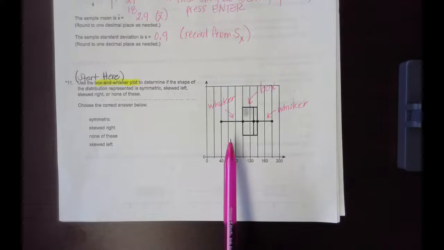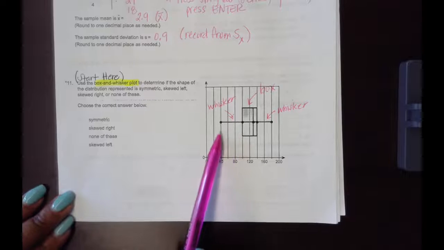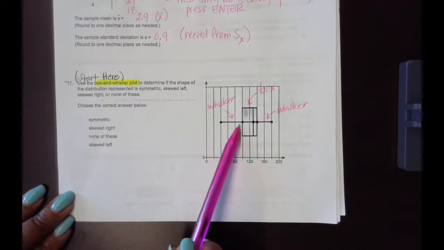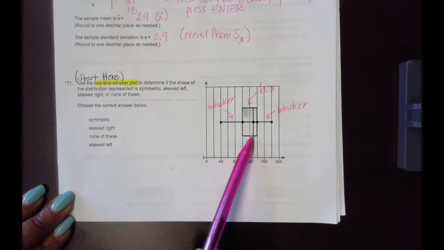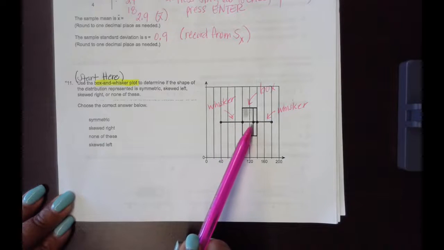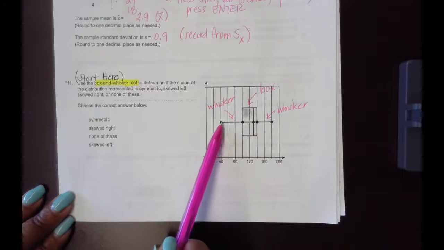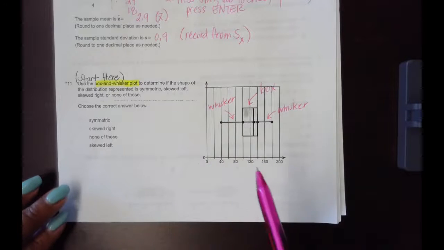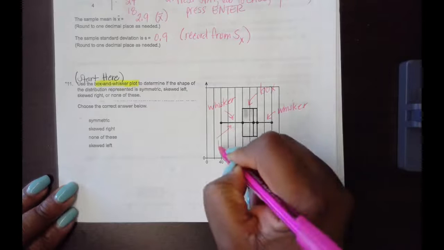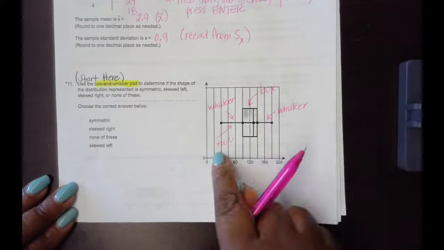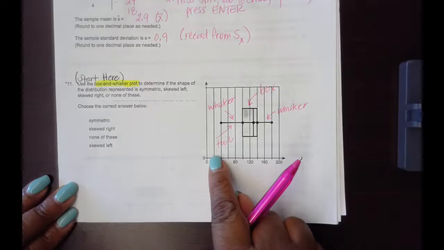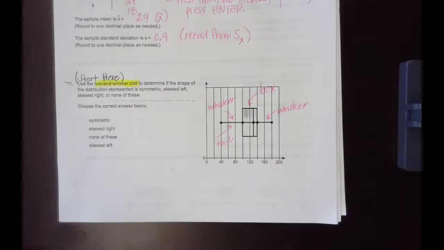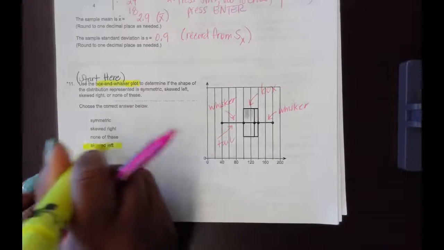Notice how the data seems to be slim here on the left side because of how the box is further to the right. So if we use our visuals from number 1 for the 4 types of distribution, that would look like a tail being here on the left. And we know that if there's a tail on the left, that means that my data is skewed left.